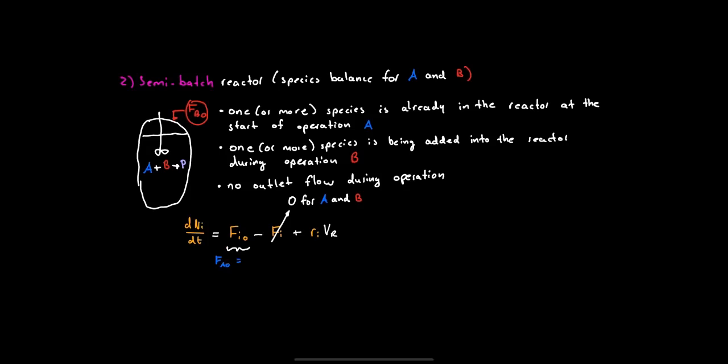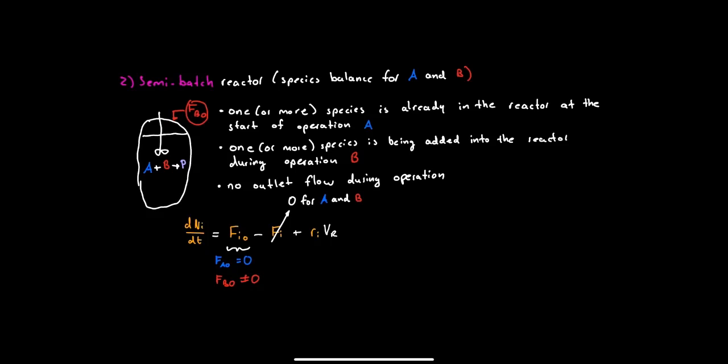FA0 is 0 because our species A is not being added, it is already in the reactor. However, for species B, we are adding it during our process, so FB0 is not 0.